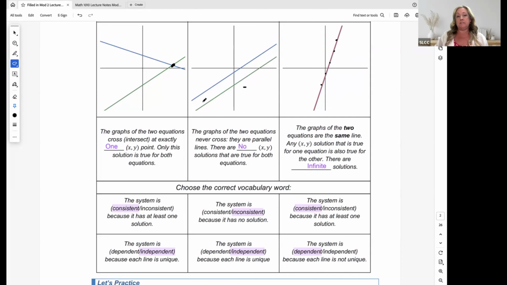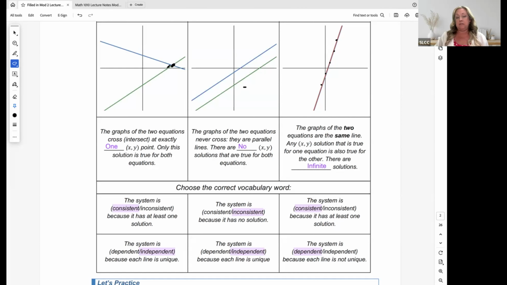Let's look at the other ones. Again, these two lines will never cross, so that means the system is going to be inconsistent. There is no solution. And the last one, the system is consistent because, again, it has at least one solution. It has infinite solutions, so it has at least one, so we call it consistent.